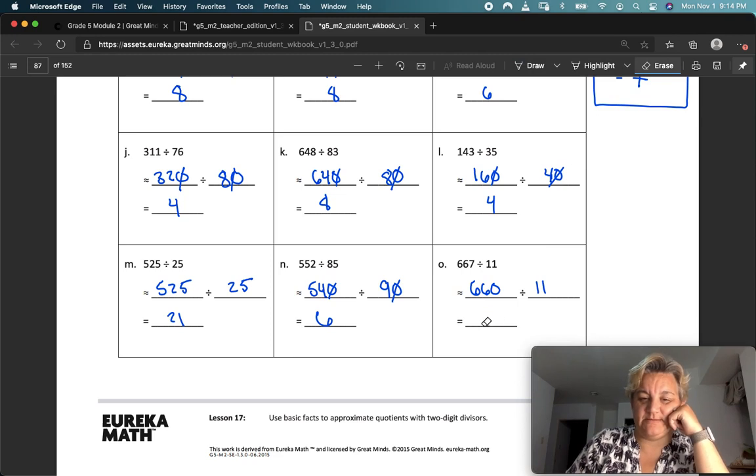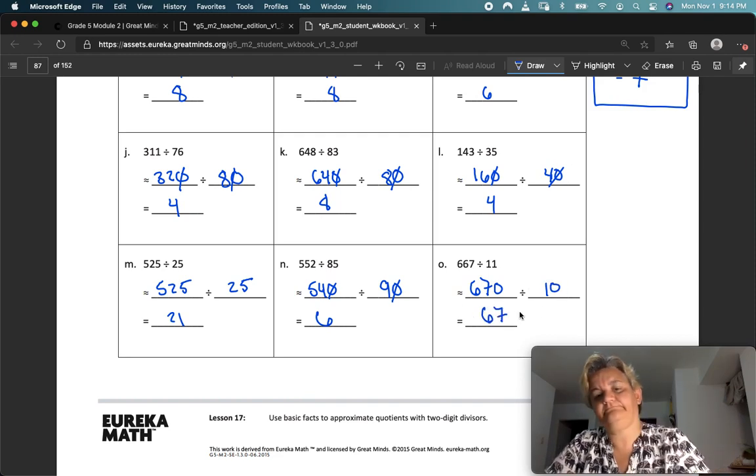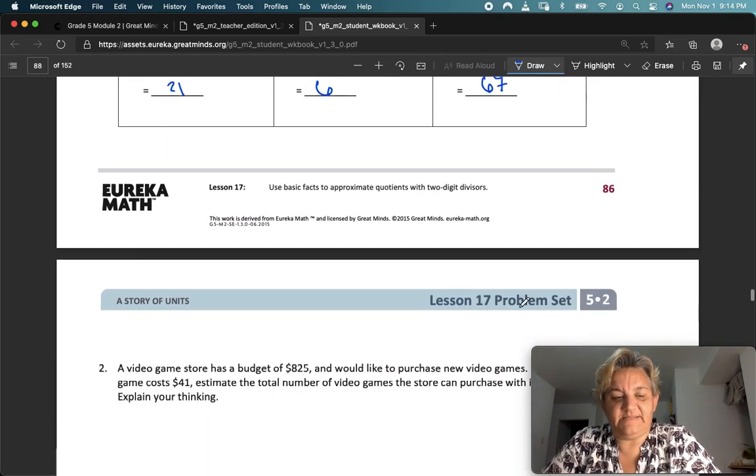Wait a minute, let me go ahead and just round down here. 70 and 10, which would be 67. Next page.